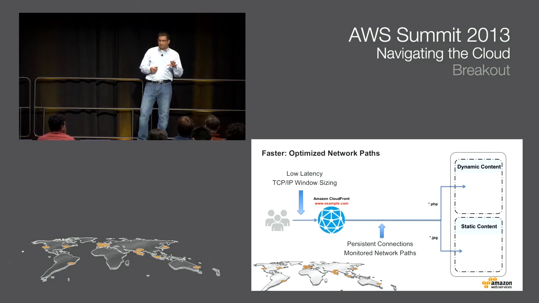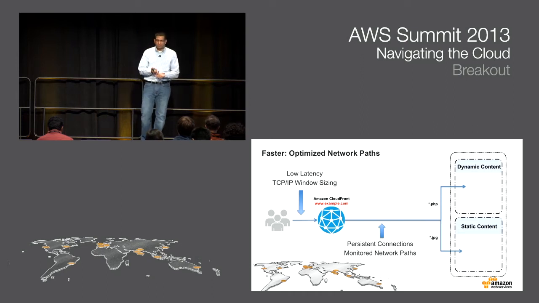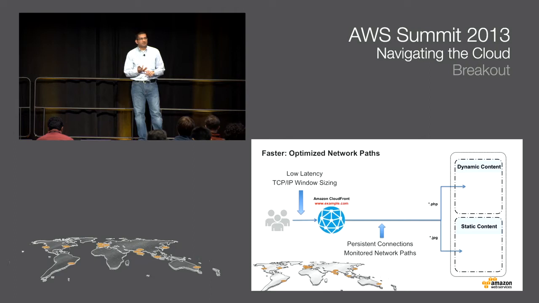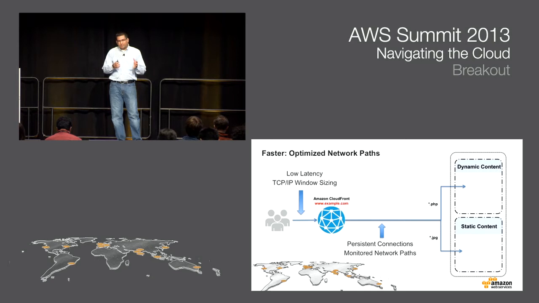Here, what I'd like to highlight is that from the end users to CloudFront edge locations, there's low latency from the fact that end users are connecting to a nearby edge location, as well as TCP optimizations such as window sizing that allow for fewer round trips to send more data and more packets to your end users.